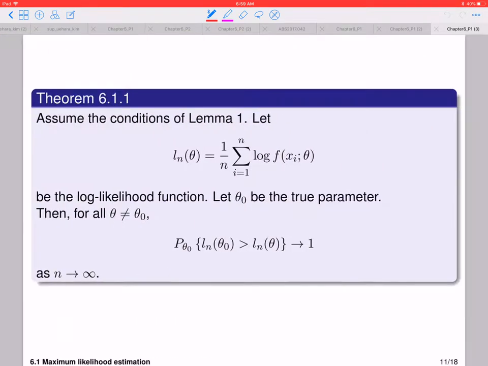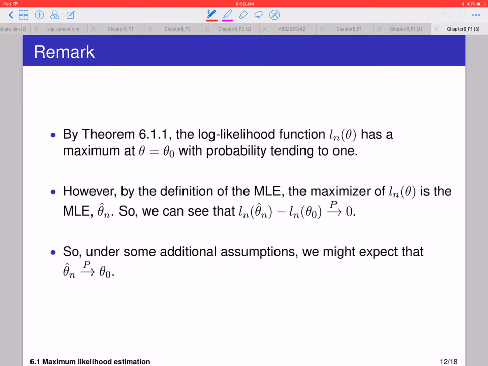So that is this result. Okay, so that is this theorem: the log-likelihood function has a maximum at zeta null with high probability, increasing to 1.